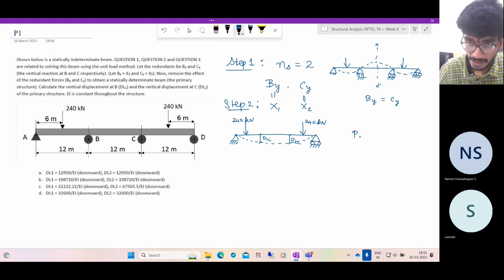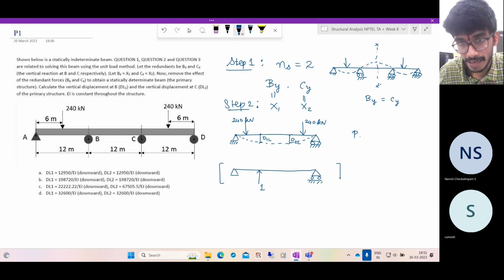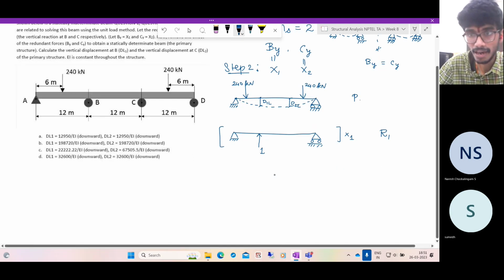This is the primary structure. Let me call it P. We also have the primary structure subjected to the redundant forces. So let me apply the redundant force here. I can apply a unit load, and whatever displacement I get, I can multiply by x1. Let me call this structure R1 to denote redundant force 1. And we have the structure R2, which is redundant force 2.